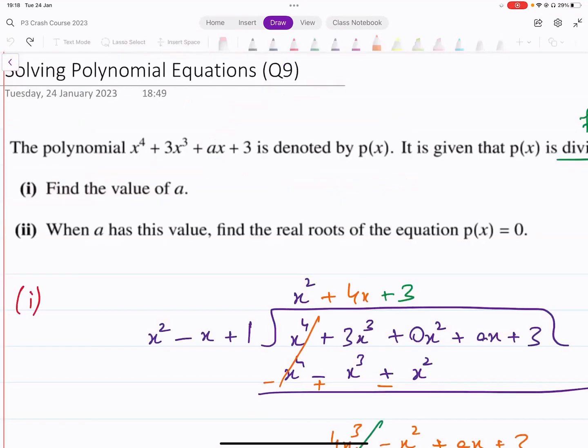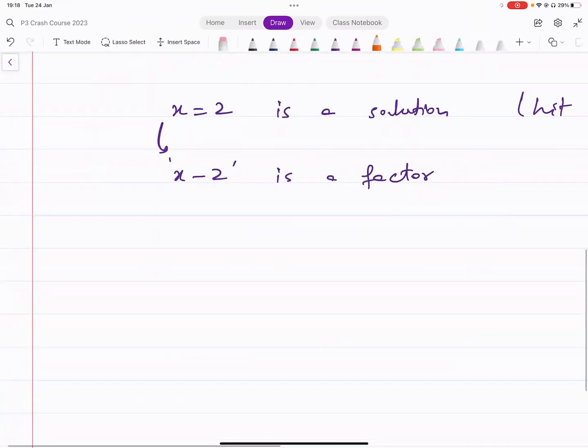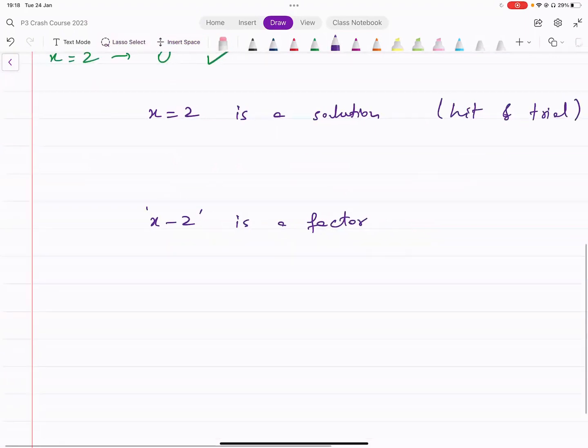Since x equals 2 is a solution, we could write it like this first: x minus 2 equals 0. If x equals 2, that means x minus 2 equals 0. This is a factor. x minus 2 is a factor.